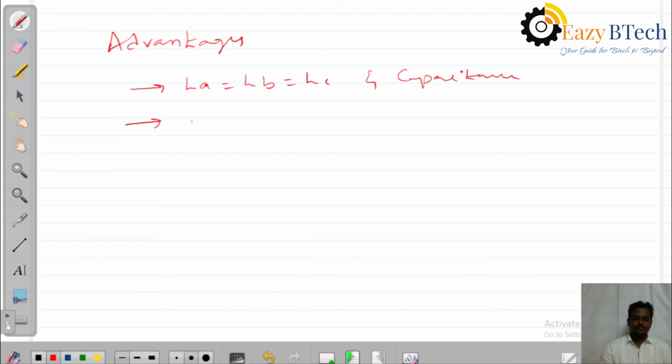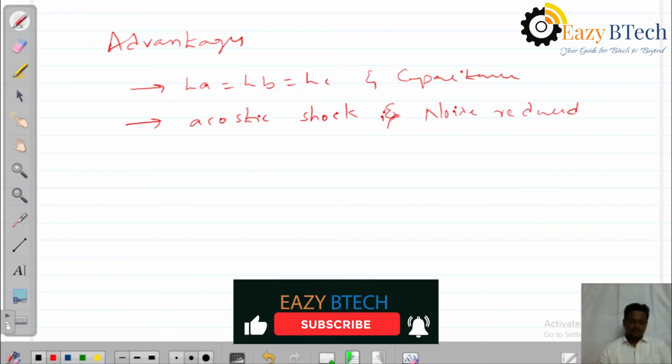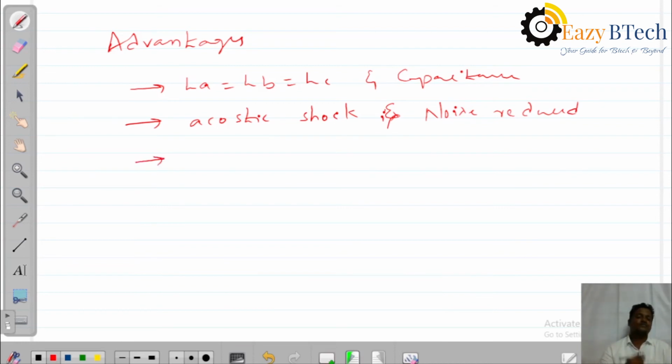Next, acoustic shock and noise are reduced with the transposition system.